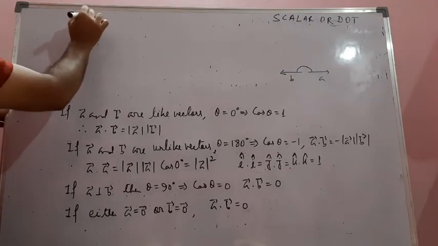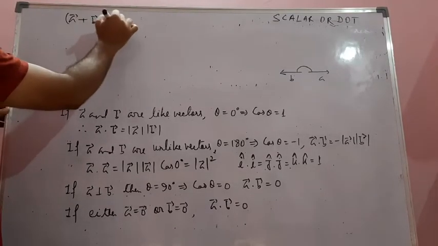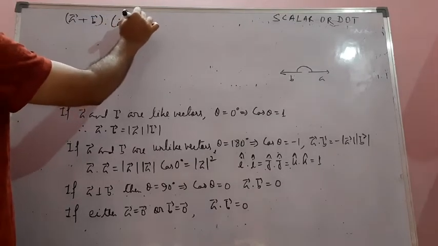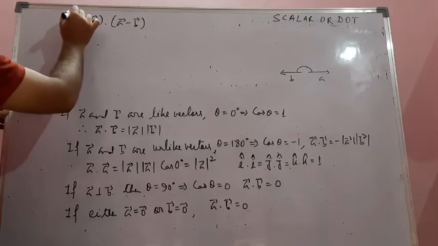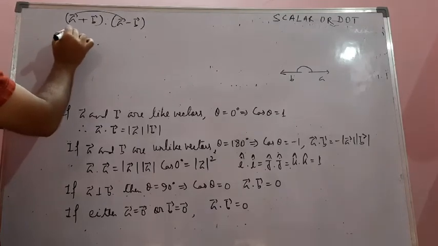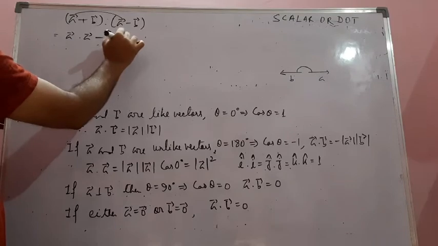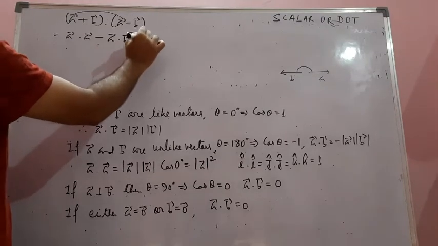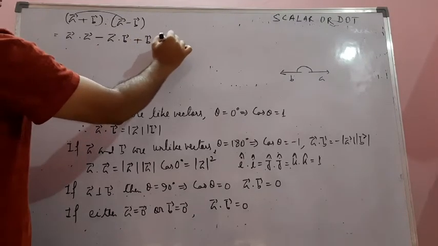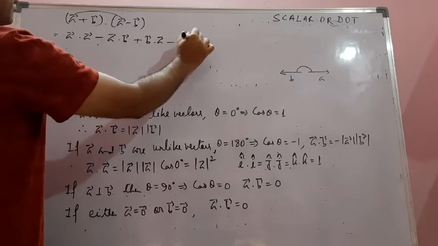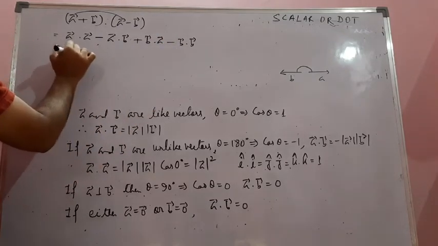Say vector a plus b dot vector a minus b. Again, by the distributive property: a dot a, minus a dot b, plus b dot a, minus b dot b. So a dot a is what?